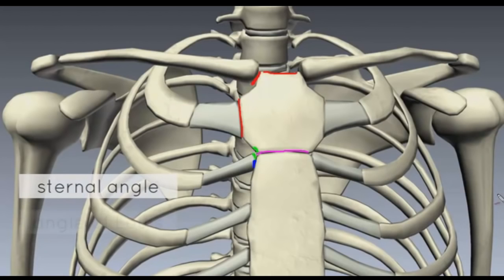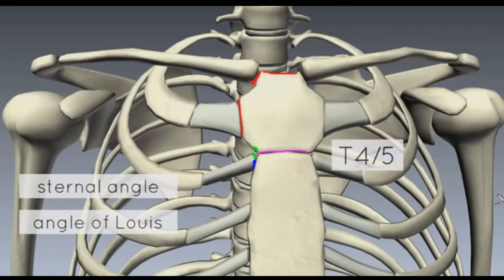This angle is often called the angle of Louis, and it's an important anatomical landmark. I'll do another tutorial which talks about the important structures that can be found at this sternal angle. The sternal angle lies at the level of the intervertebral disc between thoracic vertebra T4 and T5.